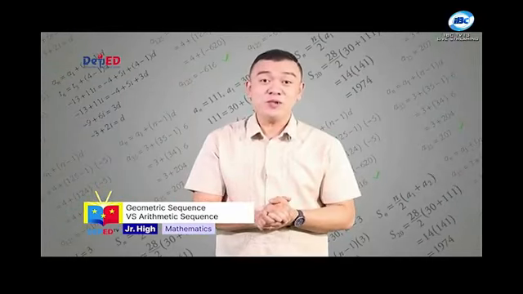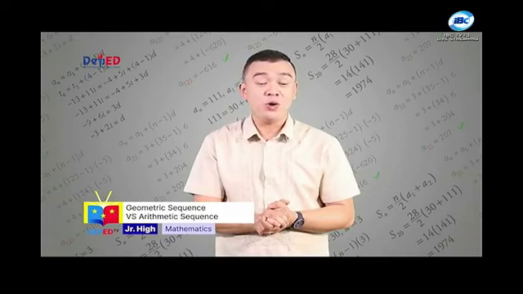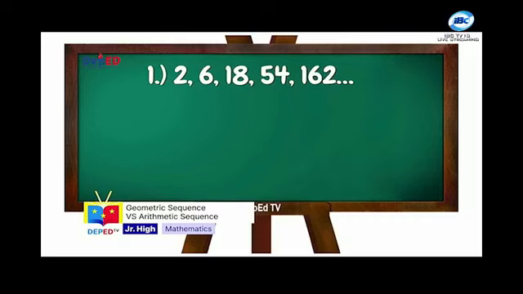Now, determine if the following sequence is arithmetic or geometric. Number 1, 2, 6, 18, 54, 162, and so on. Number 2, 1, 3, 5, 7, and so on.